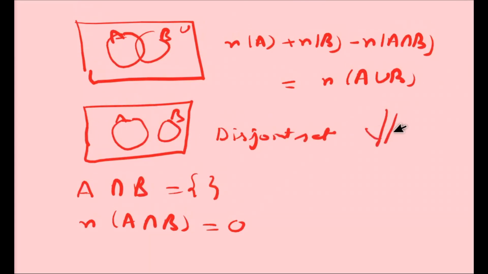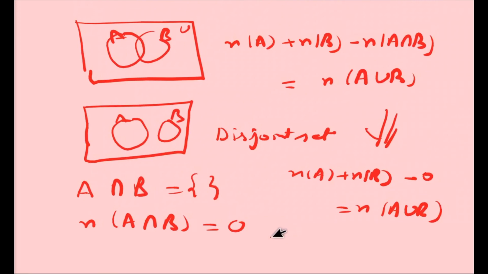Then this formula will be NA plus NB minus 0 equals NA union B. So we can write NA plus NB equals NA union B for this disjoint set. Okay students, what is the disjoint set? According to disjoint sets, you can use so many formulas.